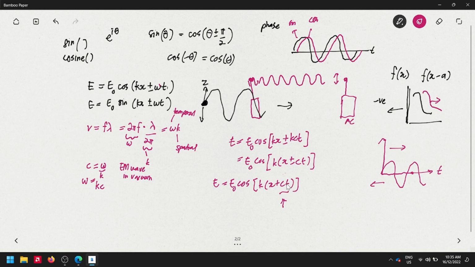As time is increasing, the value here keeps on increasing, and you will see the axis moving towards the positive x direction all the time. So the wave is moving towards the negative direction. This is something that you don't have to remember. You just need to manipulate the equations and you'll understand whether it's moving forward or backwards. Any specific question on this?